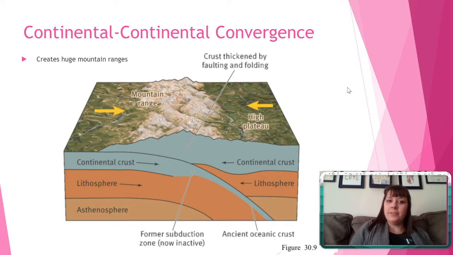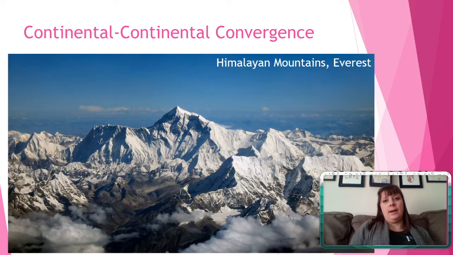Continental convergence is where we have two continental plates crashing into each other. So a lot of times with our continental convergence, we get huge mountain ranges. Great example of this would be the Himalayas.